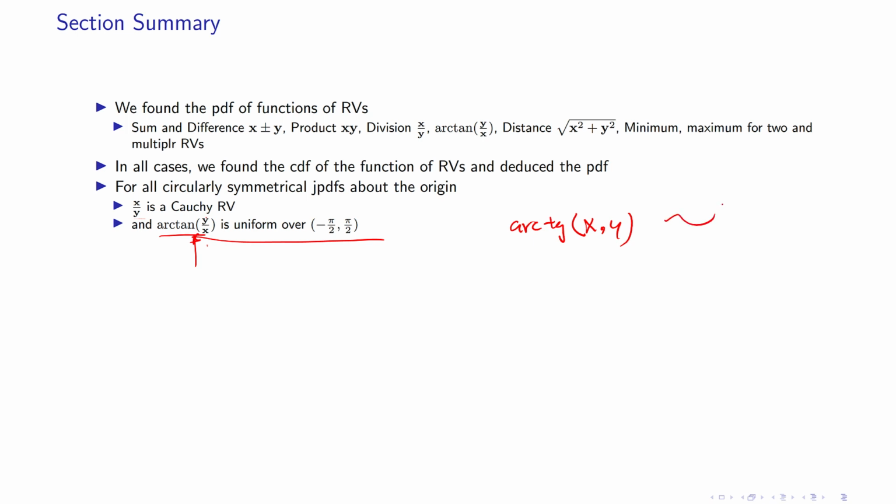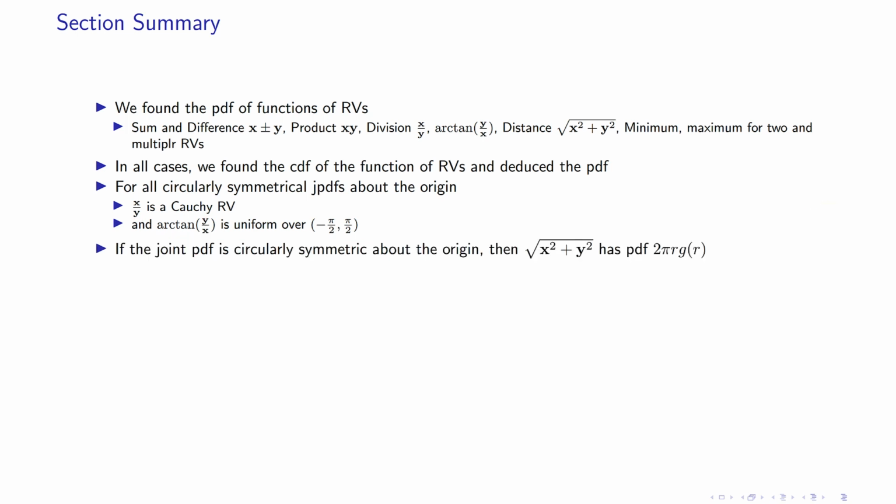This is going to have a uniform distribution over minus pi and pi. So we have seen that if the joint PDF is circularly symmetrical about the origin, the distribution of these is quickly found like that. This is the joint PDF, and this is r times 2 pi.